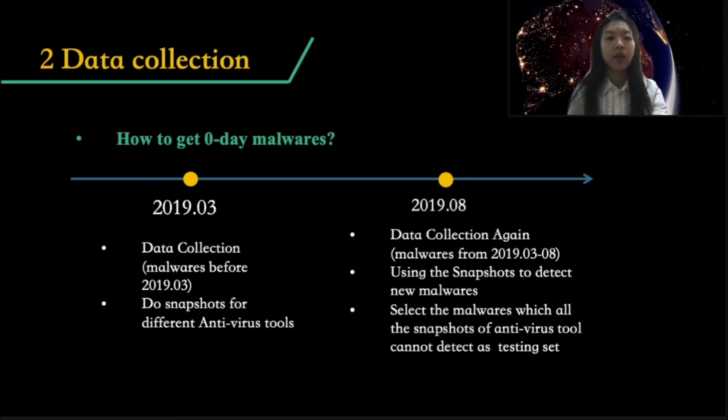And then in August, I collected the malware between March and August, and used my snapshots of the antivirus tools to do the detection. If all of the antivirus tools cannot detect the files as malware, it can be seen as a zero-day. So finally, I used data before March as the training set and data between March and August as the testing set.